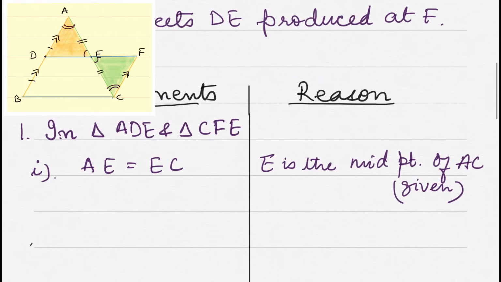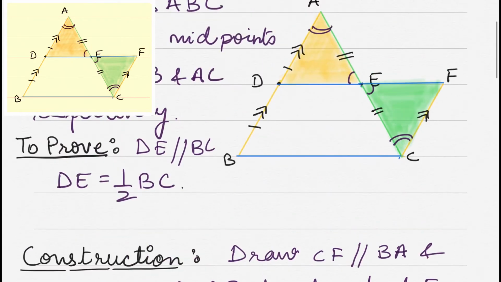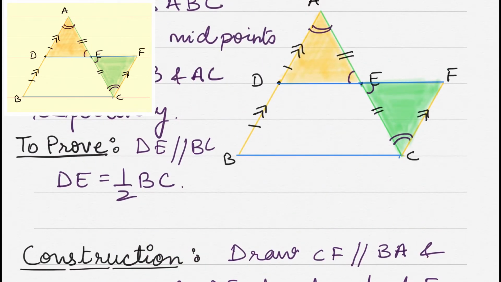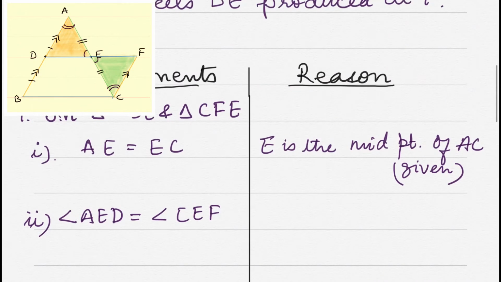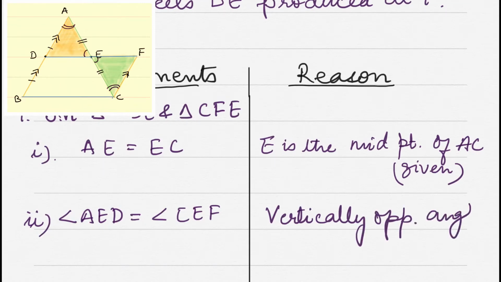Okay, let's move to second point to prove the triangles congruent. So angle AED is equal to angle CEF. Okay, can anybody tell me how? Yes, correct. So vertically opposite angles.